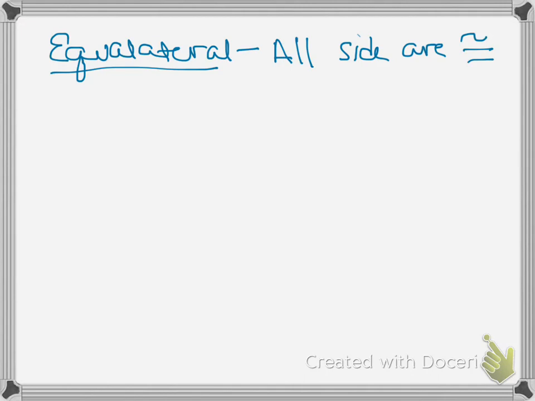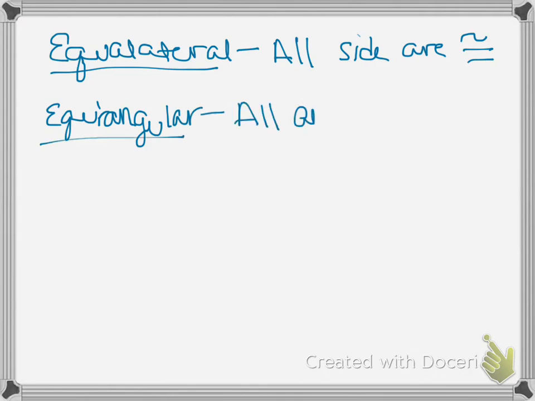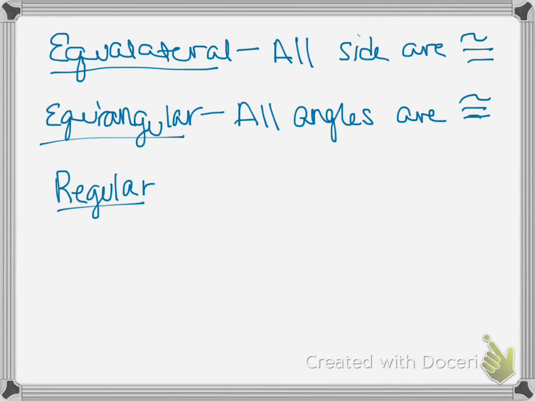All right, equiangular, take a guess. All right, it's where all angles are equal, are congruent. Okay, so if that is true for a polygon, it is equiangular and an equilateral, then it is called a regular polygon.